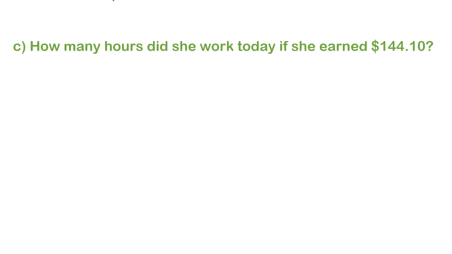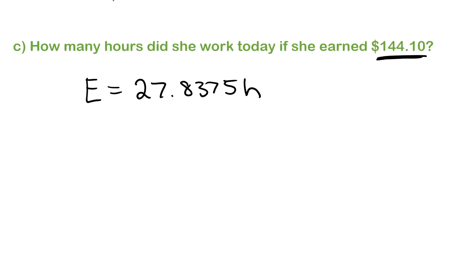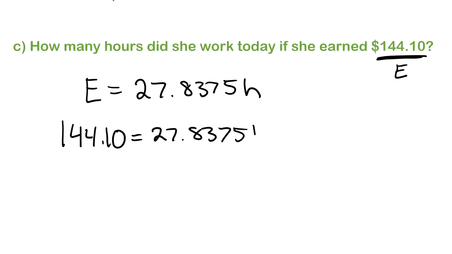Our next question: how many hours did she work today if she earned $144.10? This is the opposite of what we just did, but it works the same way. We write down our formula, E equals 27.8375H. This time, we were given our E value, so I'm substituting that E in. 144.10 equals 27.8375H.